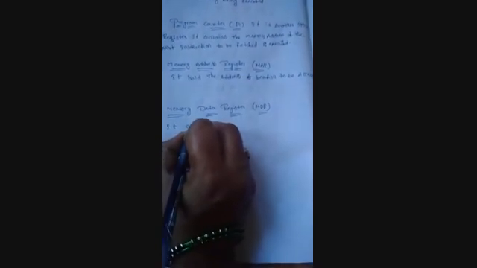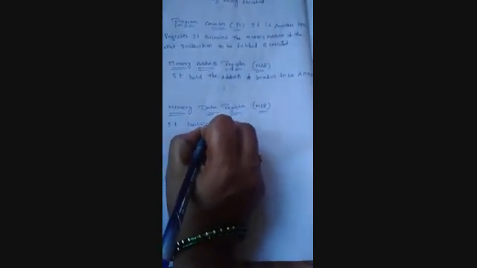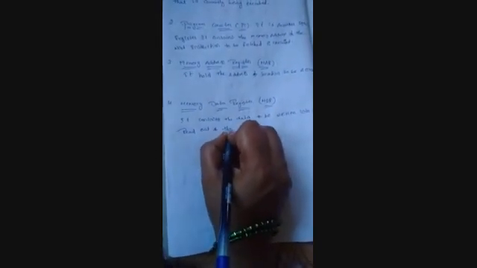So memory data register, it contains the data to be written into or read out of the addressed location.